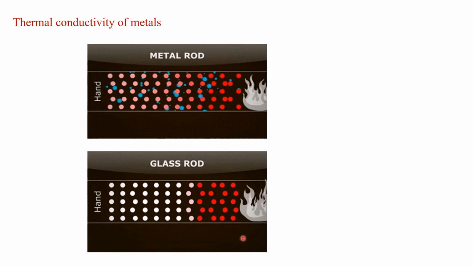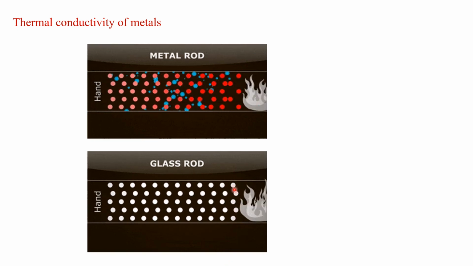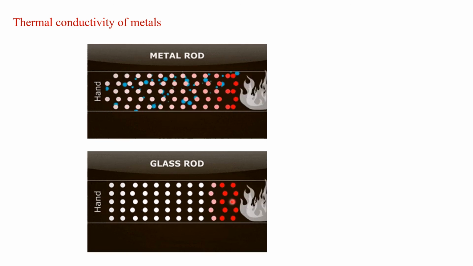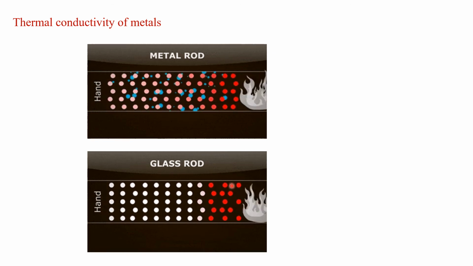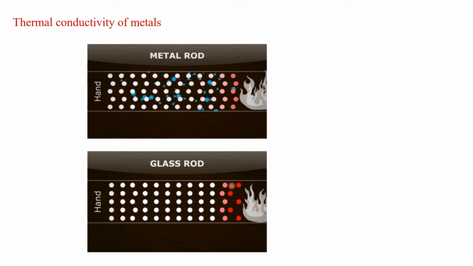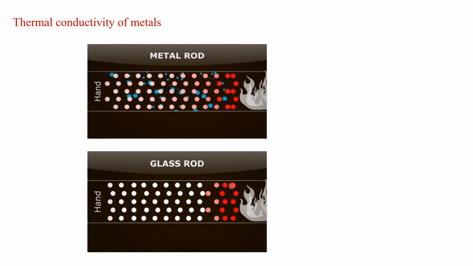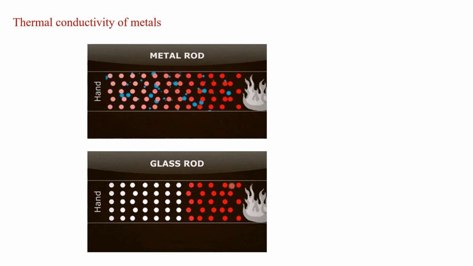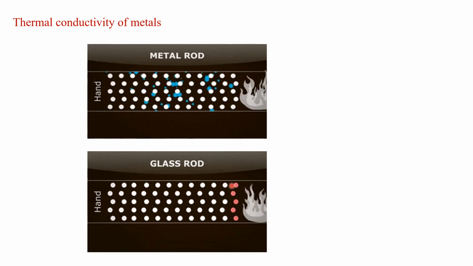Look at this picture. These particles at first gain the heat energy, then they vibrate. We know that in solids, particles are closely packed. They cannot move or change their position, they can only vibrate.